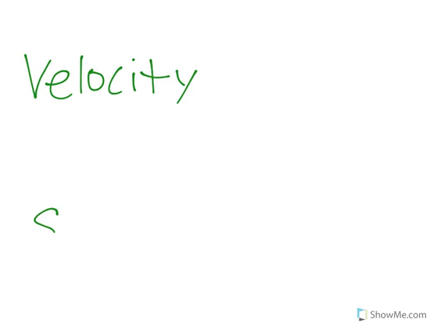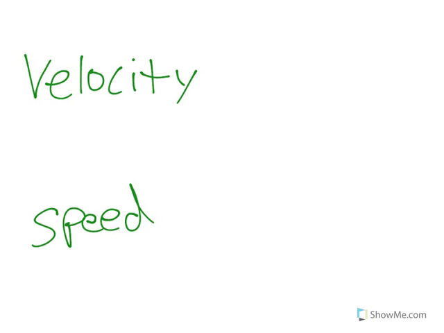All right. Actually, let's pause real quick and talk about the technical difference between velocity and speed. Now, I told you that 99% of the time, you're going to be able to talk about velocity and speed interchangeably.